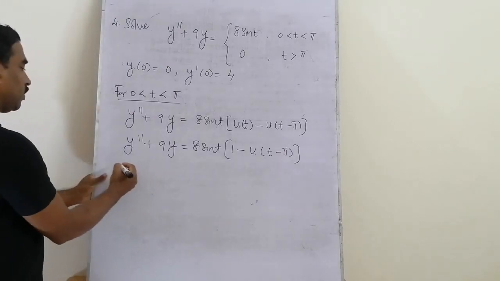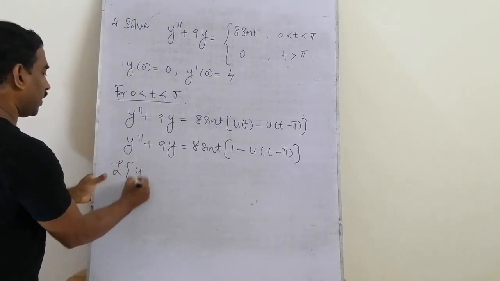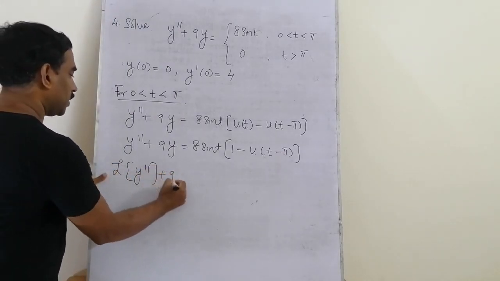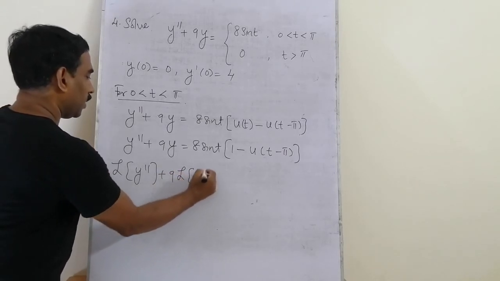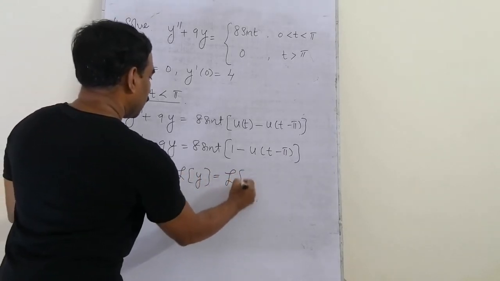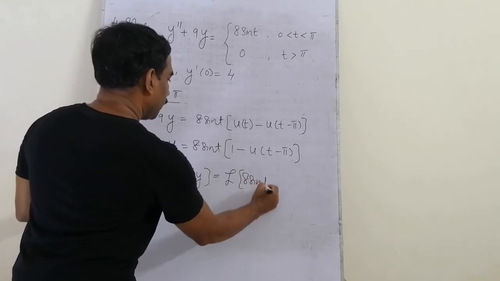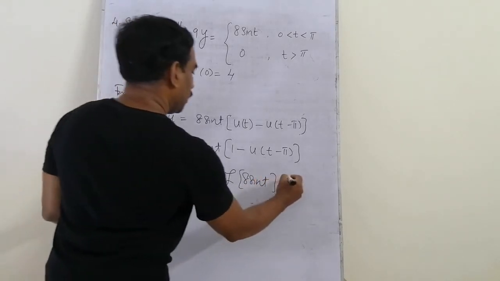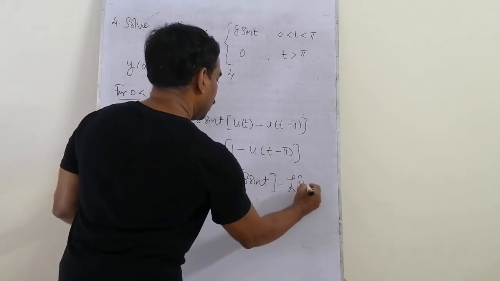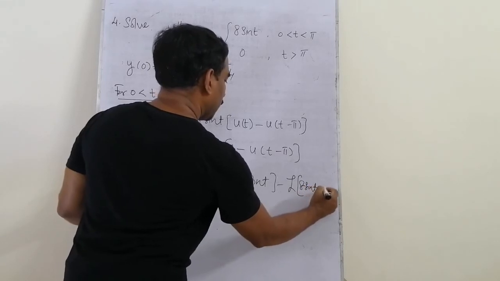Now taking Laplace transform, L of y double dash plus 9 into L of y is equal to Laplace transform of 8 sin t minus transform of 8 sin t into u(t minus pi).